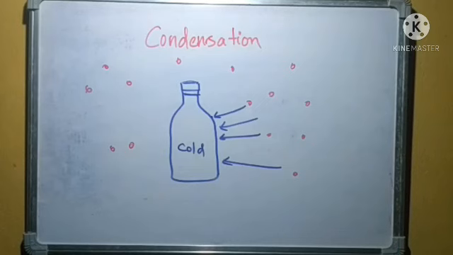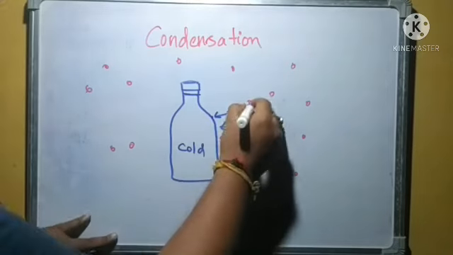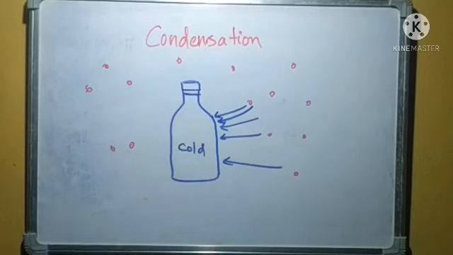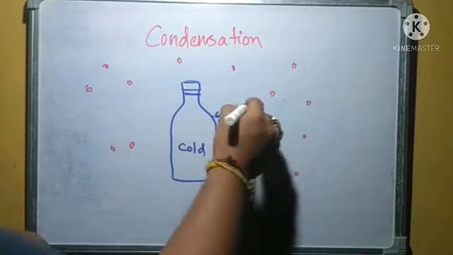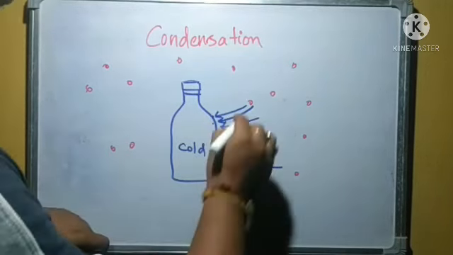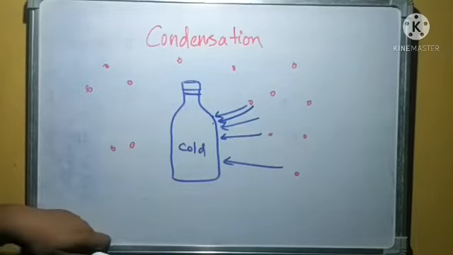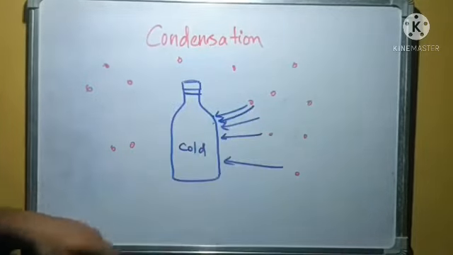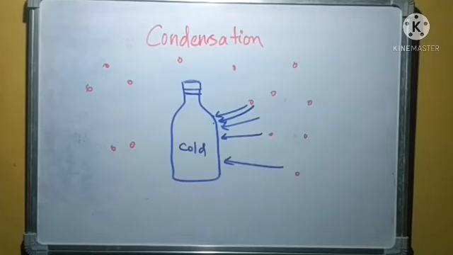Here the energy of the water vapor moves to the colder body, the surface of the water bottle. As the energy of the particles decreases, the water vapor changes into liquid water. Due to this, water droplets appear on the surface of the bottle.